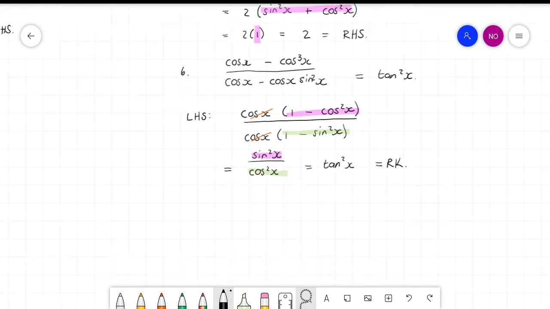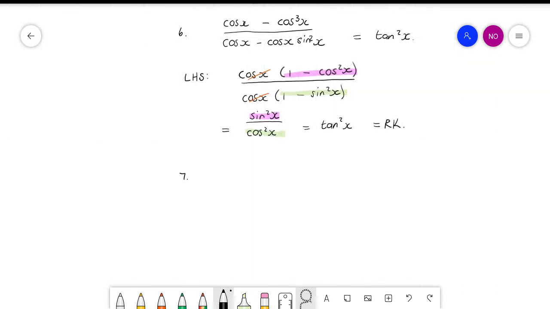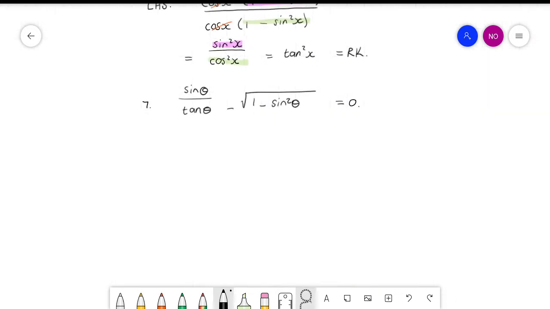Number 7. Okay, here you had to use some of your, almost want to say basic algebra knowledge.